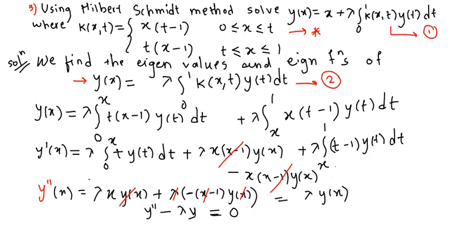Then the boundary conditions. If you check y of 0, the 2 boundary points are 0 and 1.